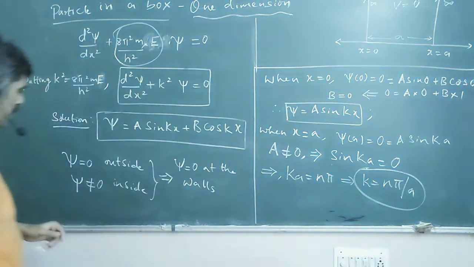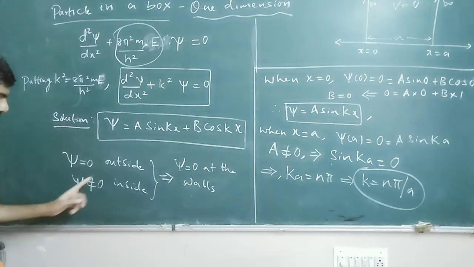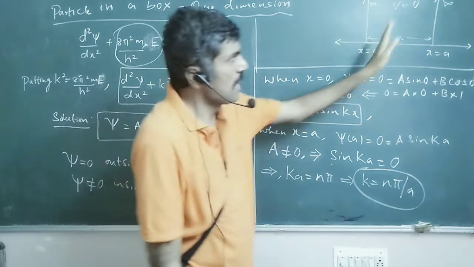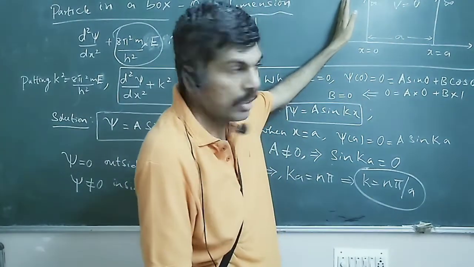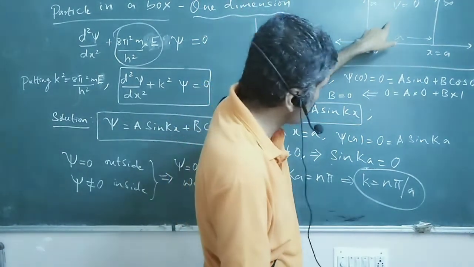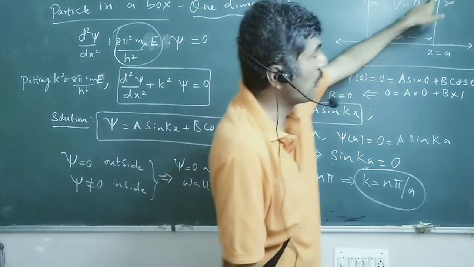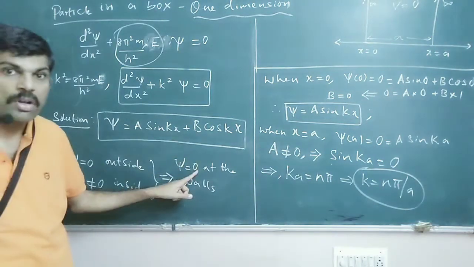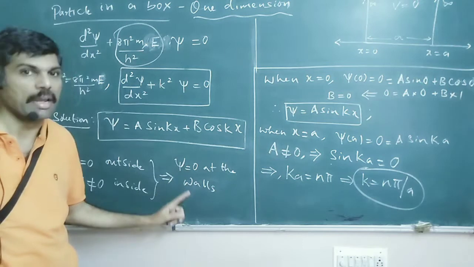So here we have a situation where psi is 0 outside, psi is non-zero inside, and therefore psi has to change from a non-zero value to a 0 value, and hence for psi to be continuous, from non-zero it has to become 0, and therefore psi should be 0 at the walls as well, which means that psi will be equal to 0 when x is equal to 0, psi will be equal to 0 when x equal to a.